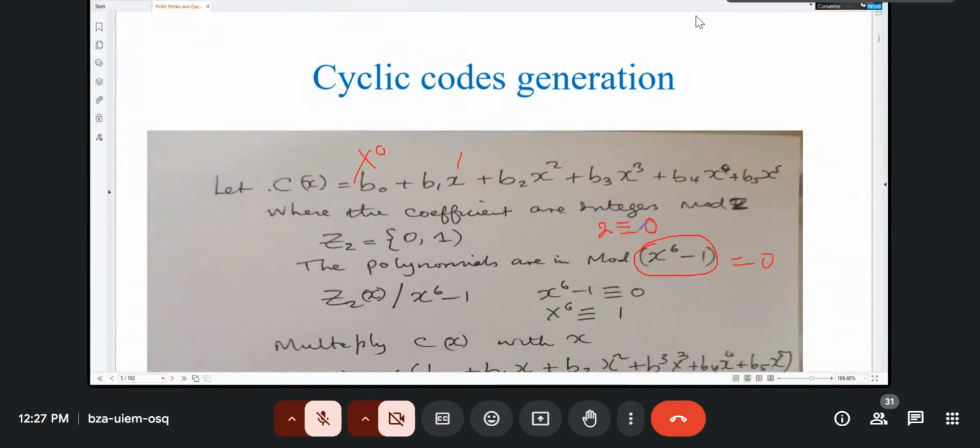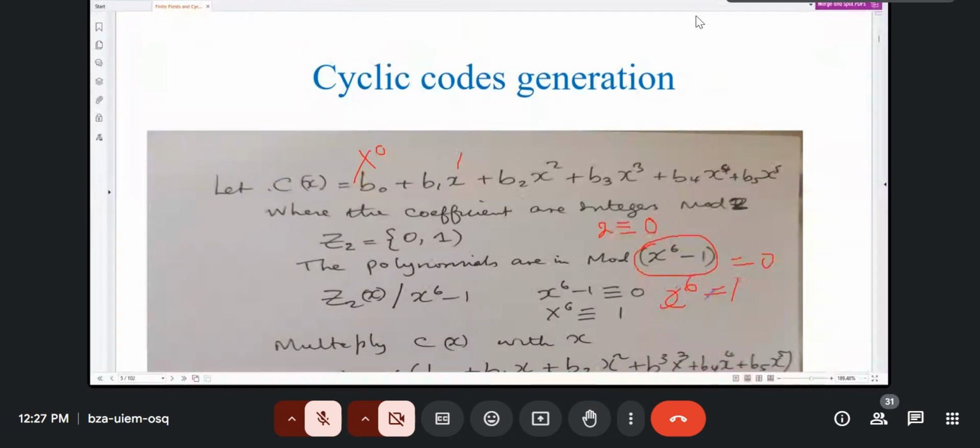And that's why you can see X to the 6 minus 1 is equal to 0. So we are saying X to the 6 is equal to 1.